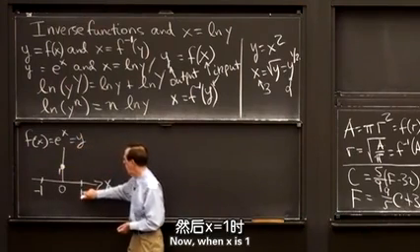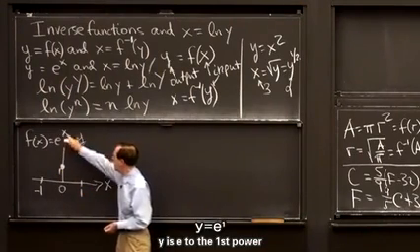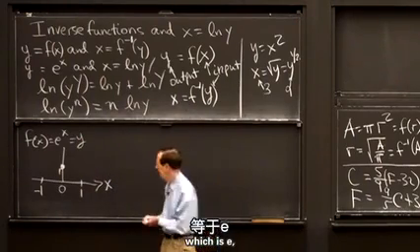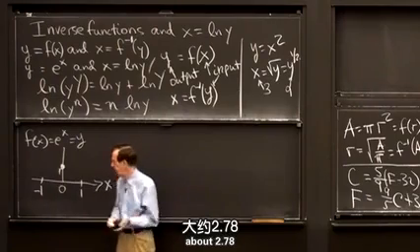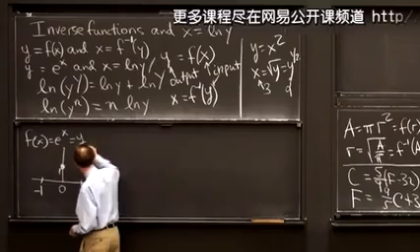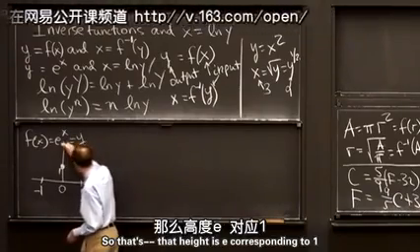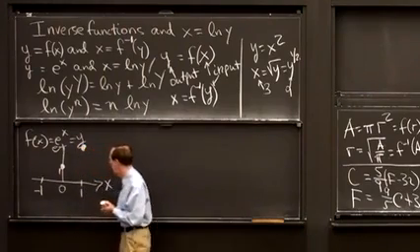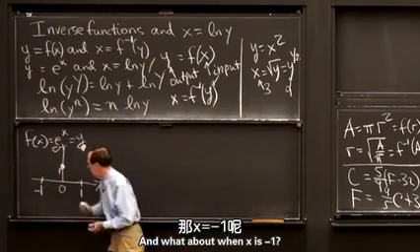Now, when x is 1, y is e to the 1st power, which is e, about 2.78. So maybe up there, somewhere about here. That height is e, corresponding to 1. And what about when x is minus 1?